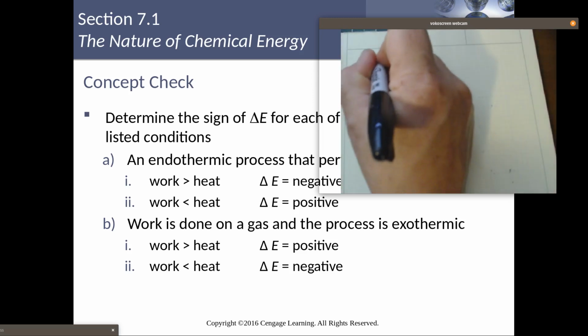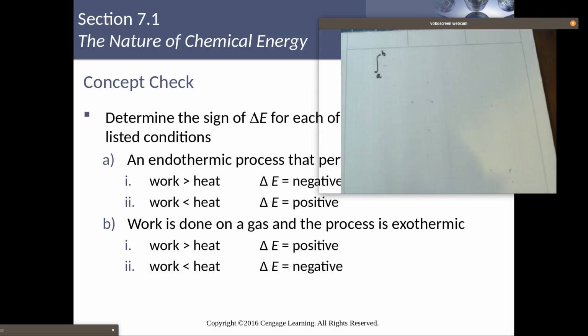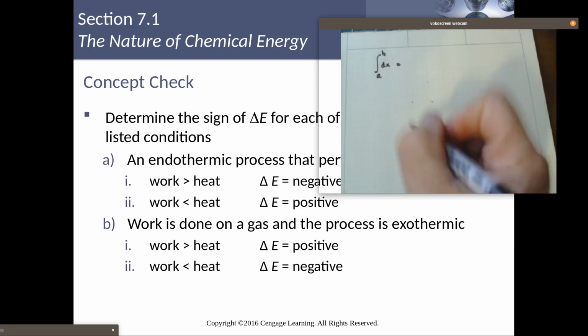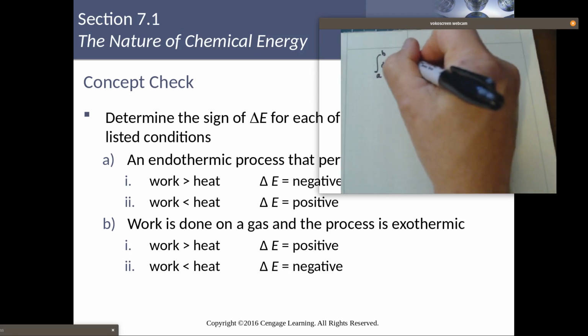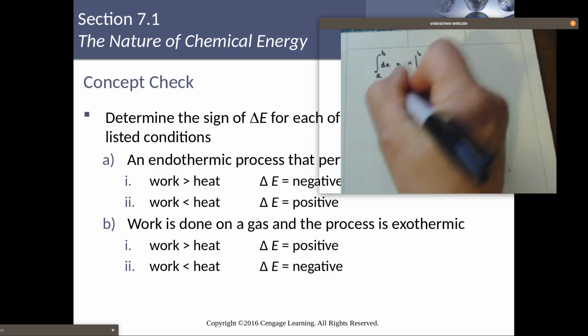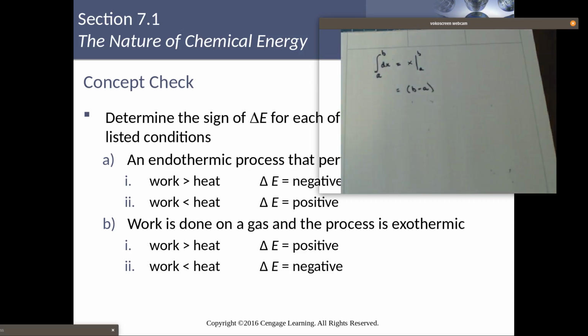If I were to have an integral from a to b of dx, we know what to do. This is simply x evaluated from a to b, and that's equal to b minus a, right? That's all that is.